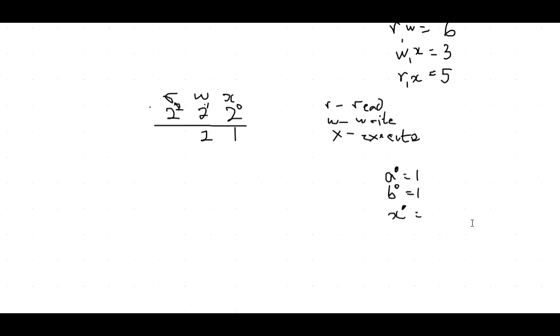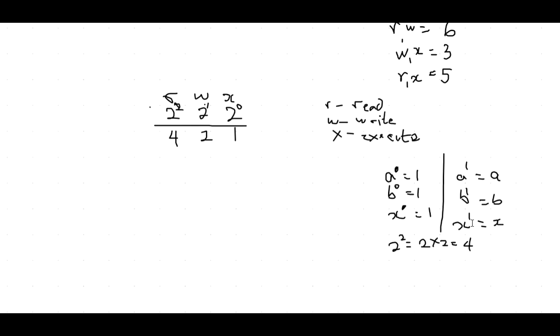Now, A to the power of 1 is A. X to the power of 1 is X. That's what we're doing here. Now, 2 to the power of 2 is 2 times 2, which is 4. So this is the number that represents read, write, execute.